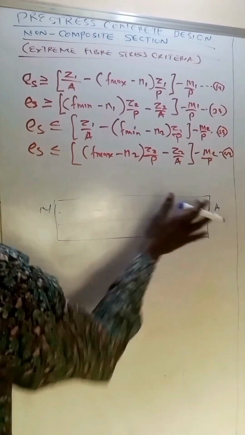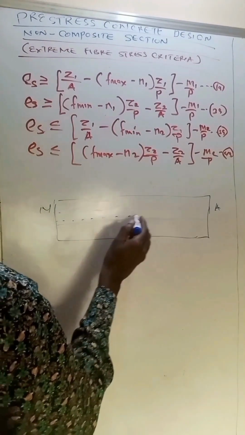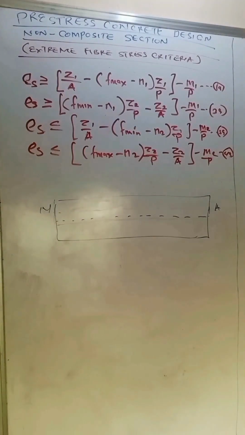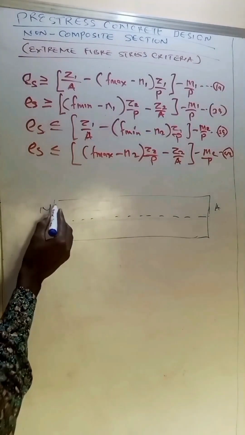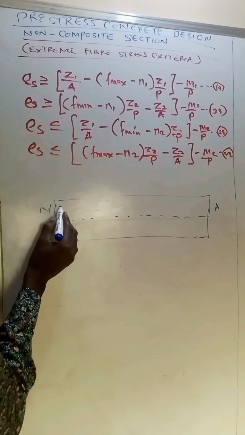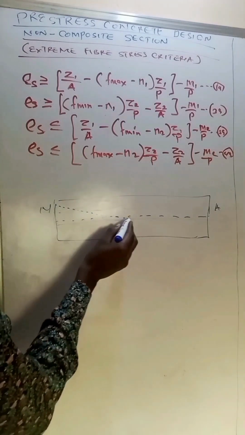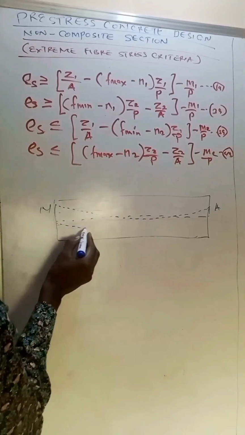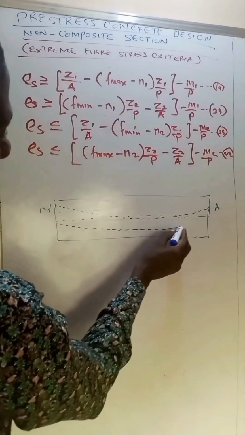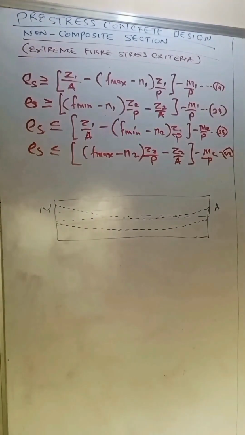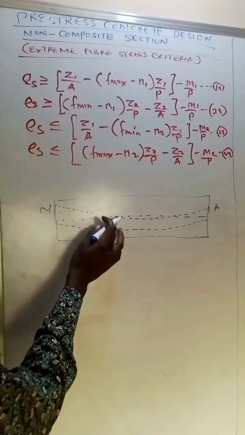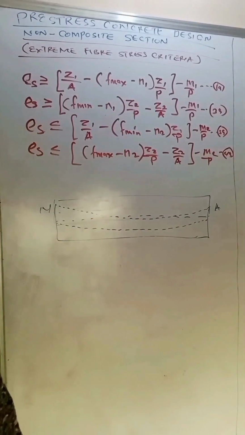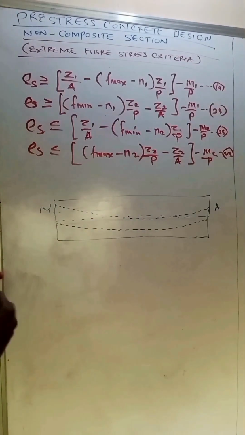And let's assume we have a neutral axis somewhere around here. Now, the cable zone is expected to take this format, all right? It's going to go like this. We'll have the cable zone coming like this, okay? So it either goes below the neutral axis or the zone goes above the neutral axis.